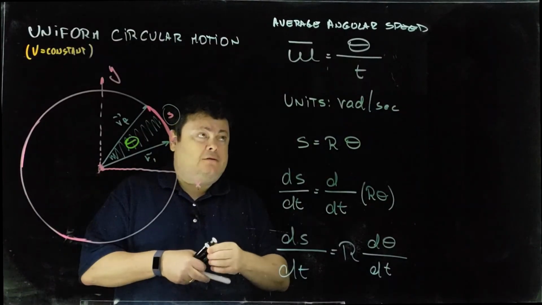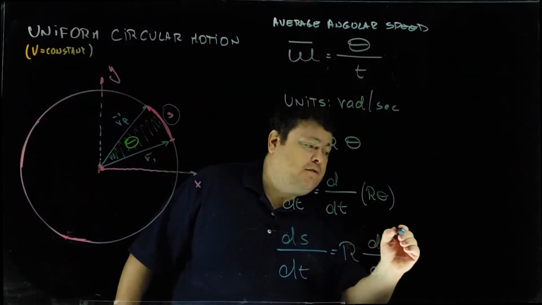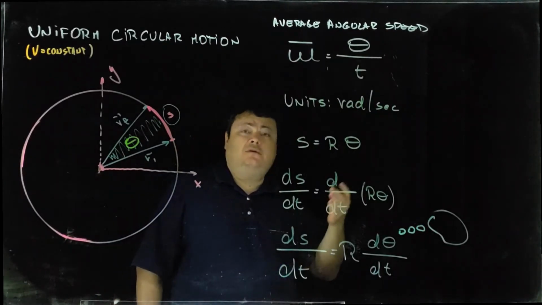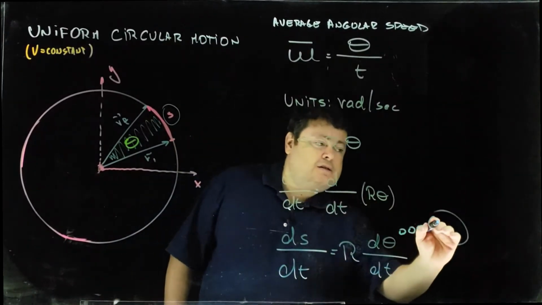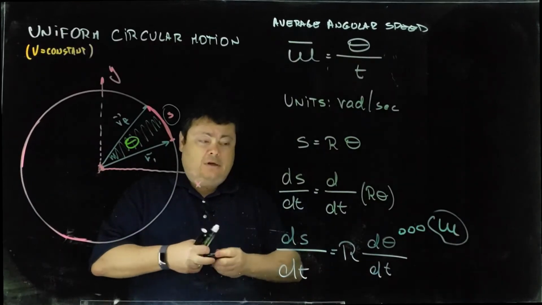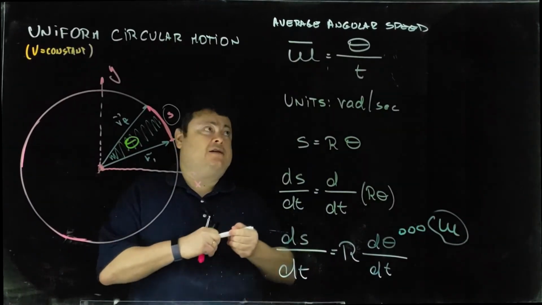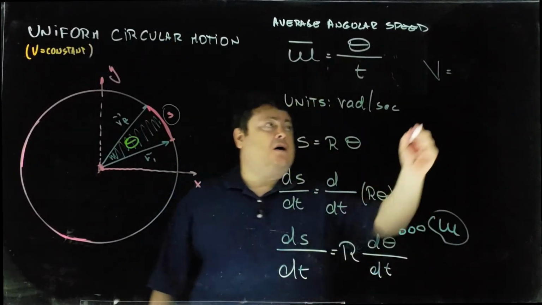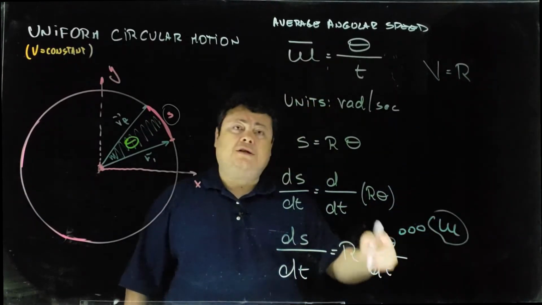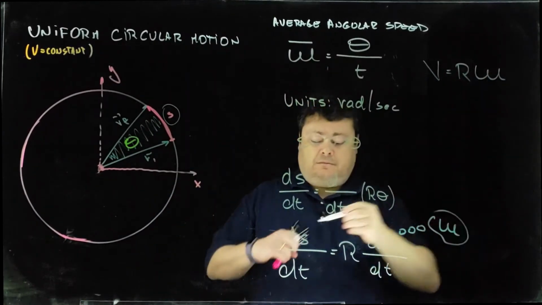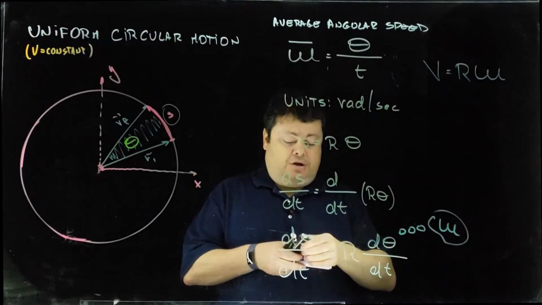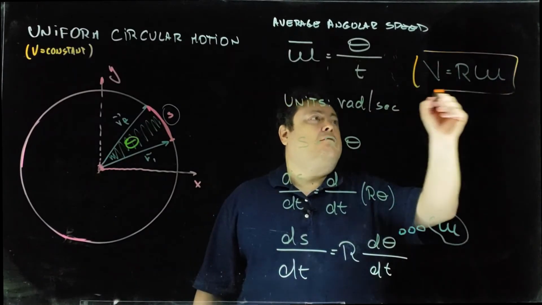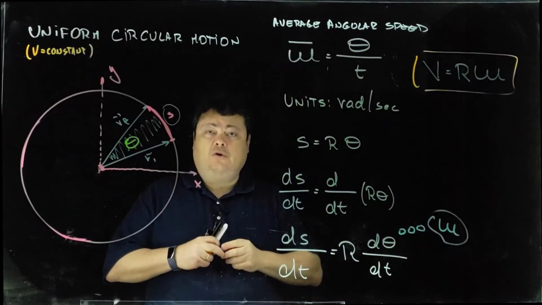But d theta/dt, if we come back to the idea of average angular velocity being theta over t, is the instantaneous angular velocity. So the first side of this equation, ds/dt, becomes the linear speed v, equals r, and then d theta/dt is omega. So this equation here will be helpful in the close future. Okay?